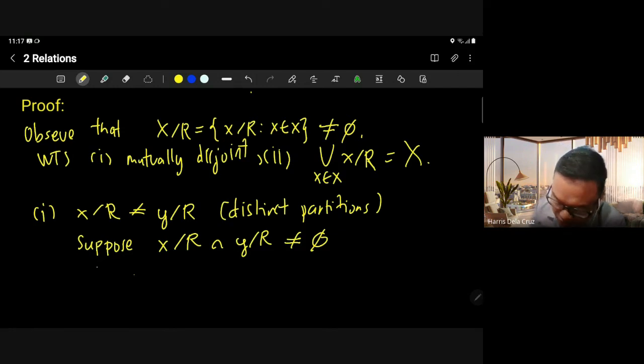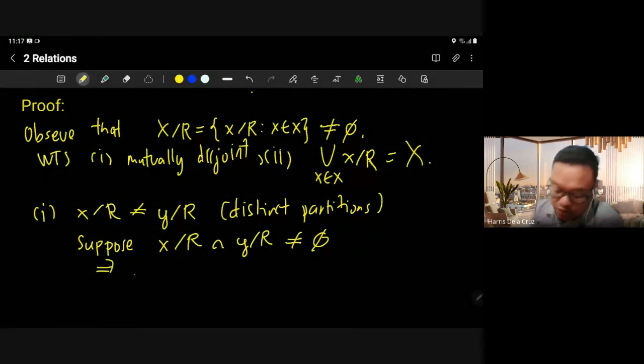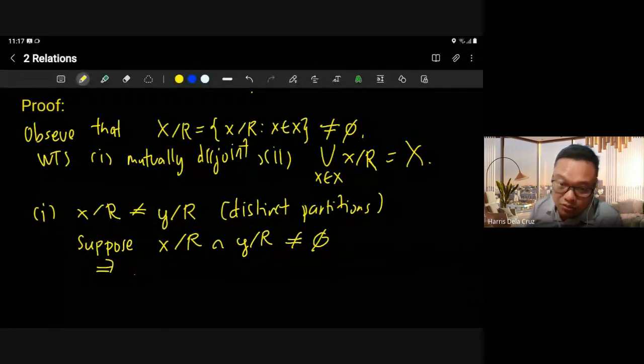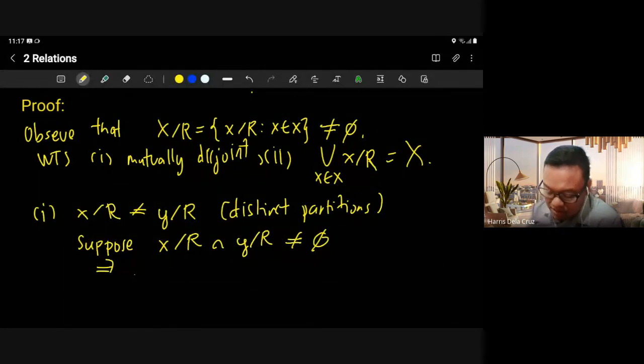So ano ibig sabihin kung may laman siya? Or hindi empty yung intersection? So it follows that kung hindi empty yung dalawa na yan, by our property, automatic ang x related kay y. Tama? Sabi ng property number 2 natin kanina, automatic ang x related kay y.